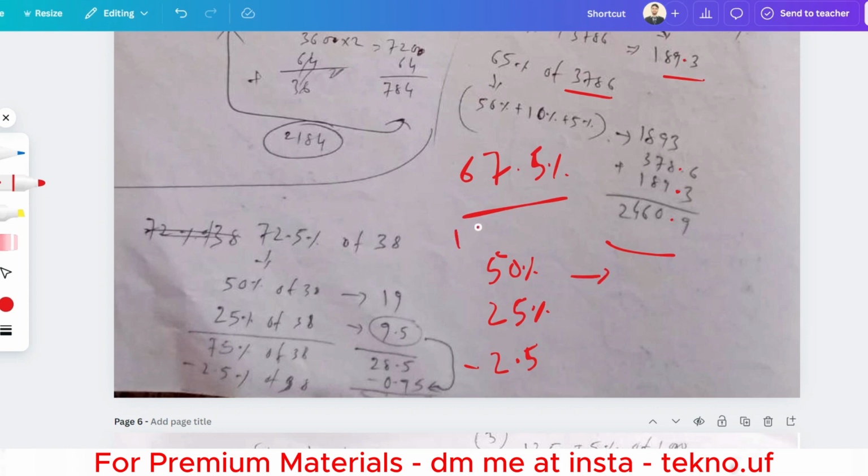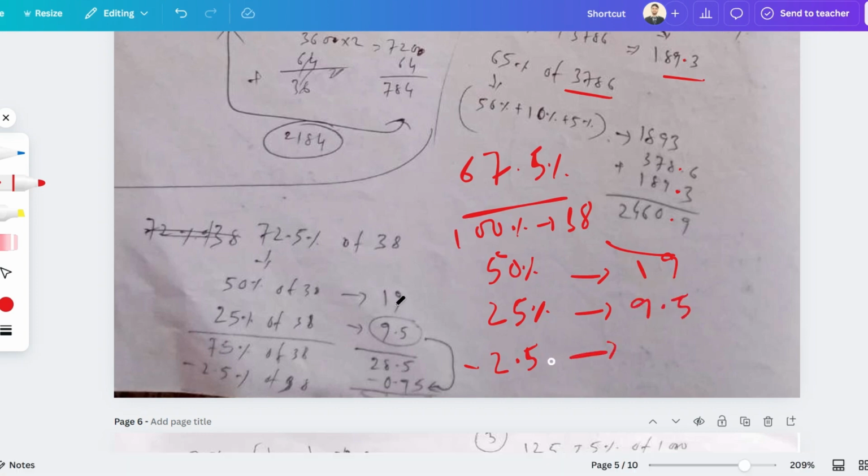So 100% of 38 is 38. If we calculate 50% of 38, that means half of this number, that is 19. And 25% of 38 will be half of this number also, so that is 9.5. Then 2.5%: 25% is this, so the dot is here as of now, and one place will shift to the left.